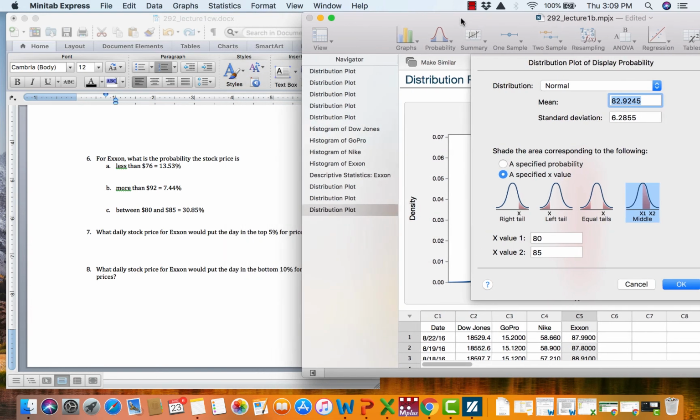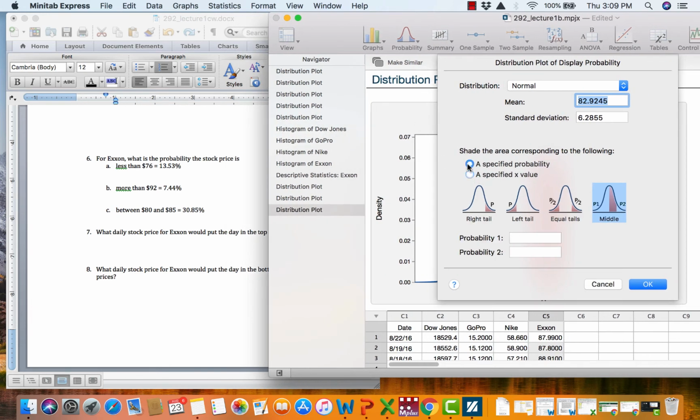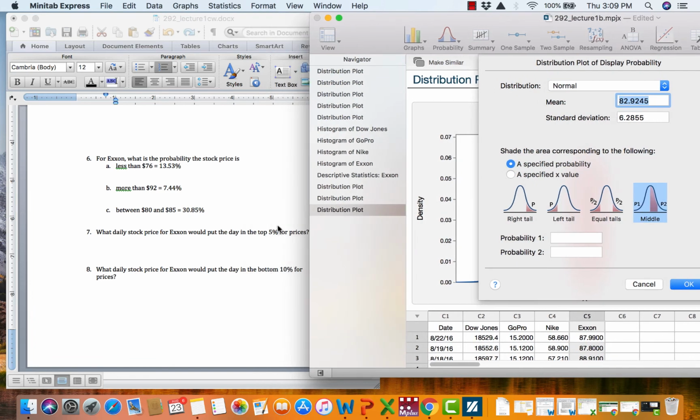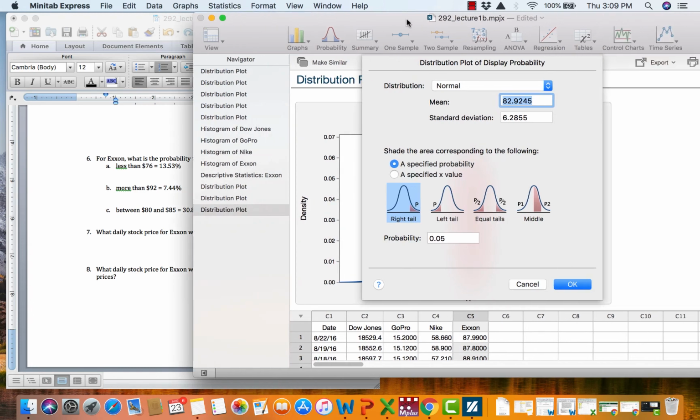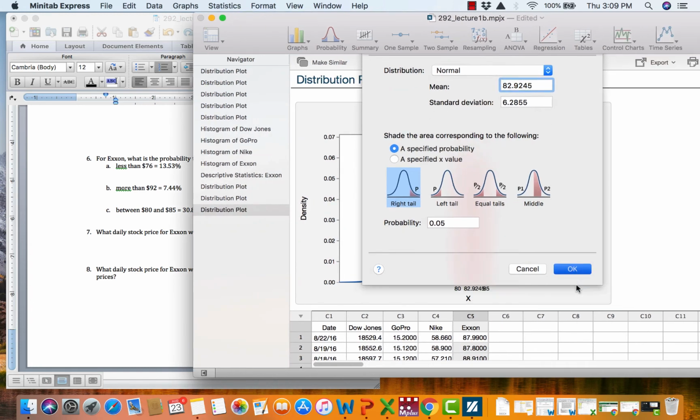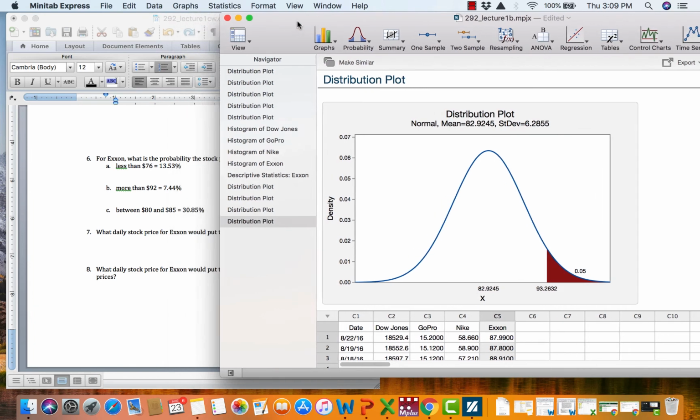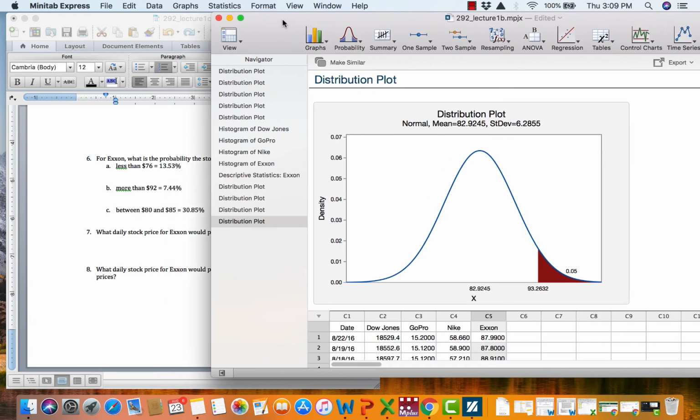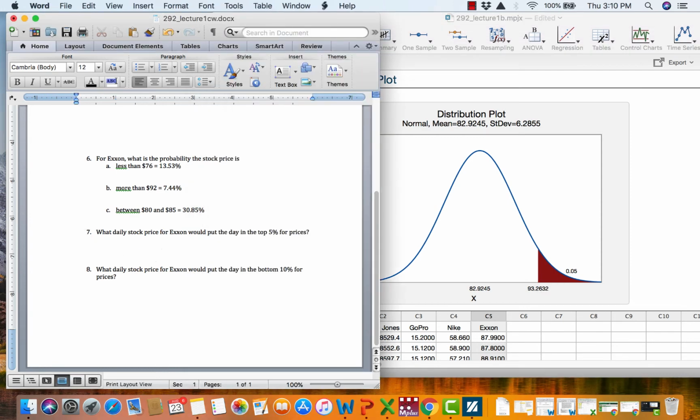We now have a specified probability, and we are given top 5%, so right tail, and 5% is the default, so we can leave it there. Now remember, this is where we have to be very careful about rounding. We're going to round to the 100th because that's what makes sense for money, because that's how our cents are. And remember, if we're on the right side of the distribution, we round these up. So our answer is $93.27.